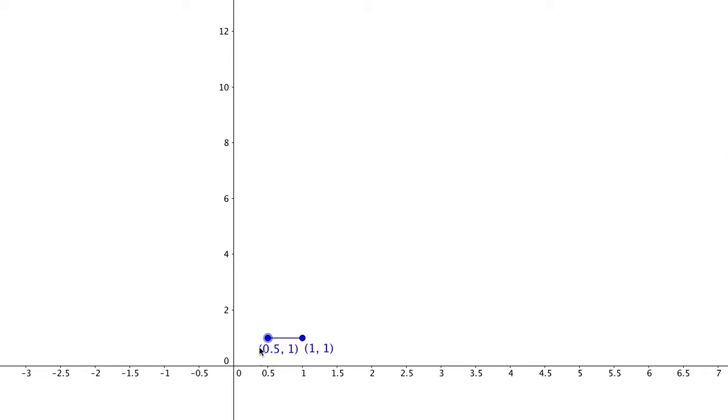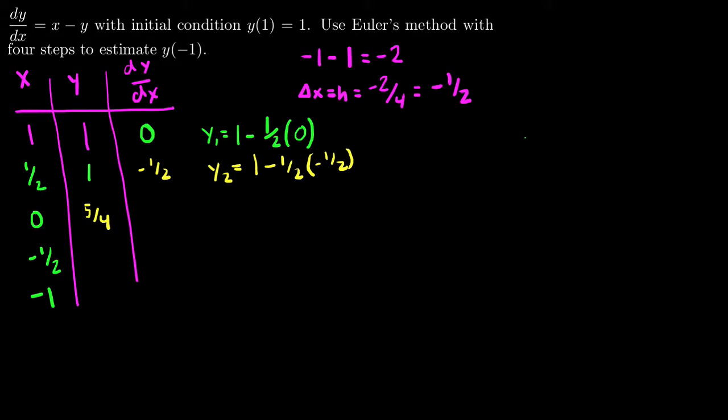So I take a step size of a half length left with a slope of -1/2. I end up at 0, 5/4. And I continue. So same process. I do x minus y to get my new slope, which would be -5/4.